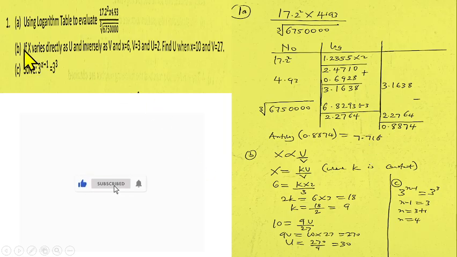For B, if s varies directly as u and inversely as v, so s varies as u over v, and you are given s to be 6, v is 3, and u is 2.